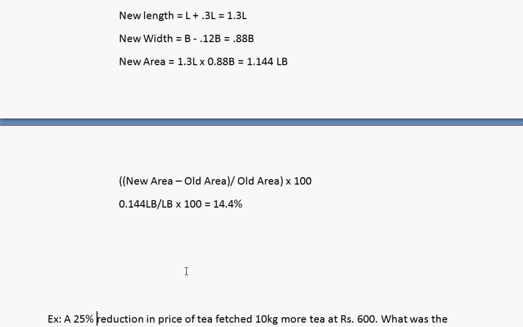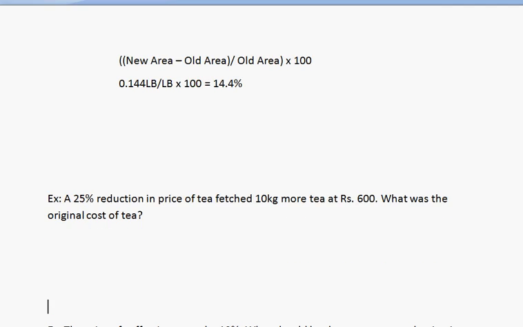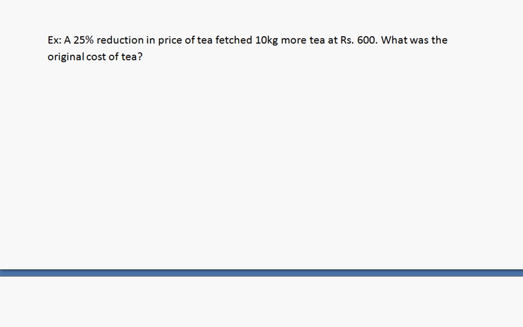Now let's go to question 2. A 25% reduction in price of tea fetches 10 kgs more tea at rupees 600. What is the original cost of tea? Slightly perplexing question, so I'll do it for you.